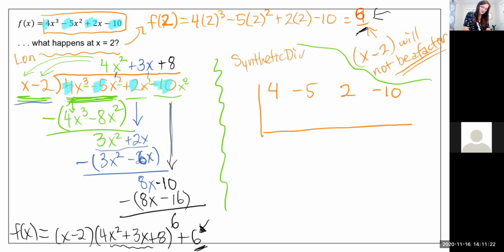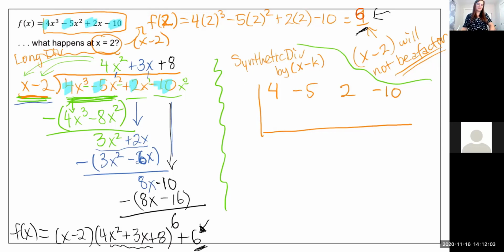Okay, so the synthetic division, whereas this is long division, is only going to work if we are dividing by x minus whatever number, or like I'm going to write k here. Because we're dividing here by x minus 2, I'm going to be interested in the k, which is the opposite of the number that I'm doing.